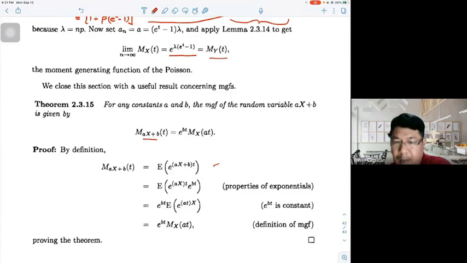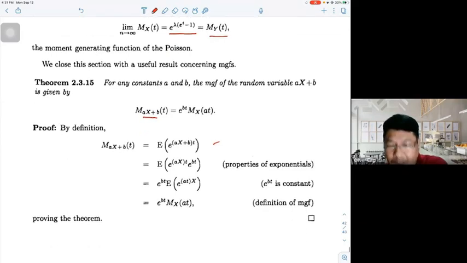And then applying again the definition of MGF. This time we have the moment generating function of x, but evaluated at the product at. And so we have proved the theorem. Okay, so later this theorem will be useful when we go to chapter 4.